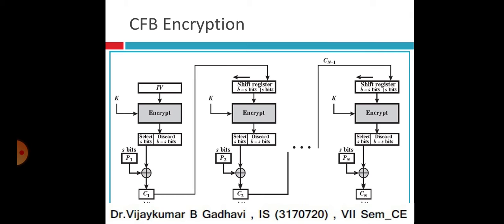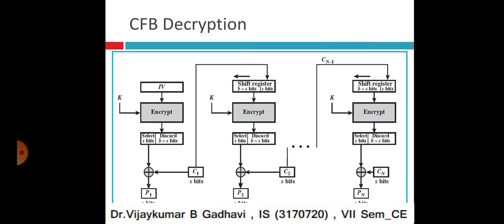Here we consider 8 bits as parity bits. Now the same process is repeated for C2 up to Cn minus 1. CFB decryption is the same process in the opposite direction.